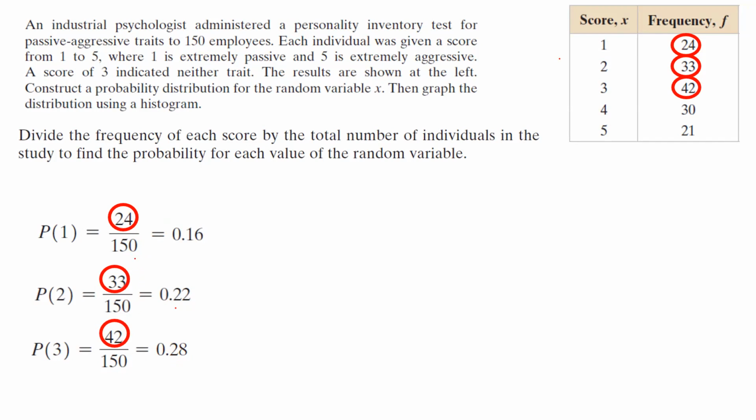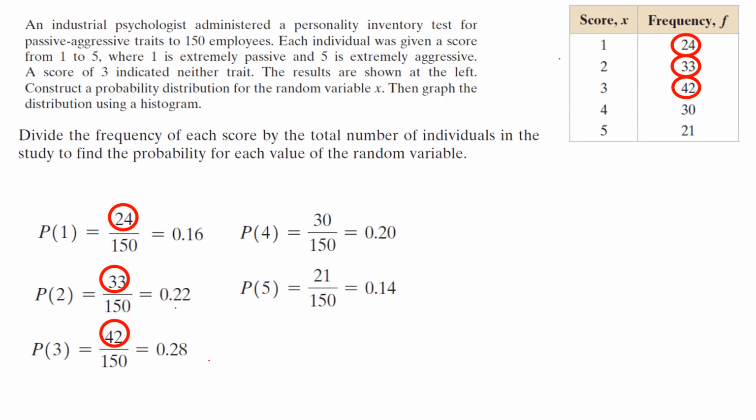The denominators are all the same, but the numerators are increasing. So we expect to see a higher percentage. So if I take a random employee and want to know the probability of 3, that is going to be 28%. Next probability is for score 4, which is 30 divided by 150 or 20%.